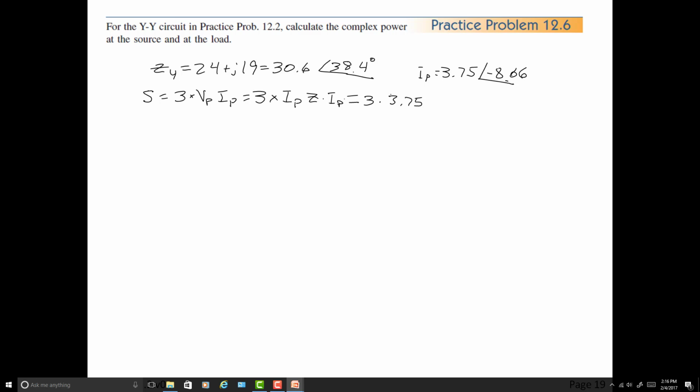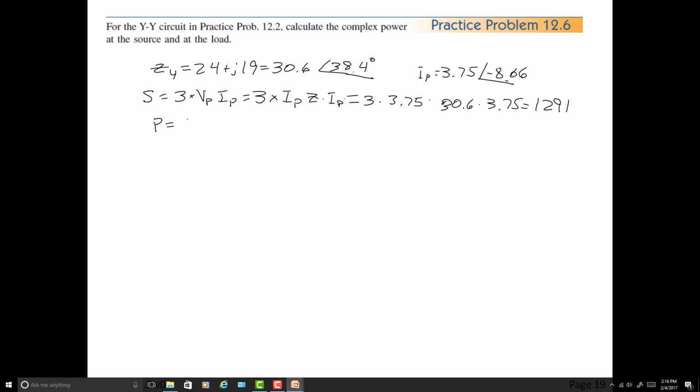All right, so 3 times 3.75 times the Z, this is 30.6, times another 3.75. And this comes out to 1291. Okay, so now we can break that up into our P's and Q's.